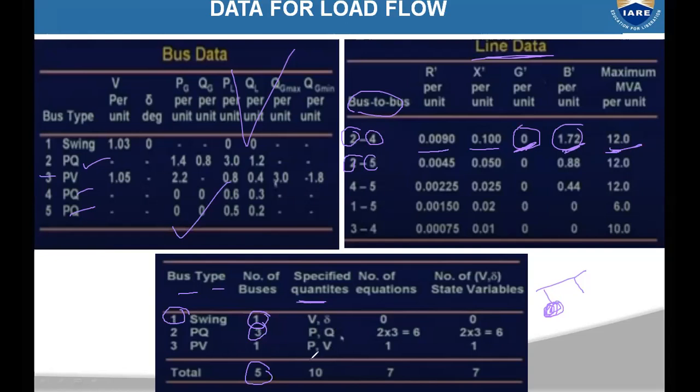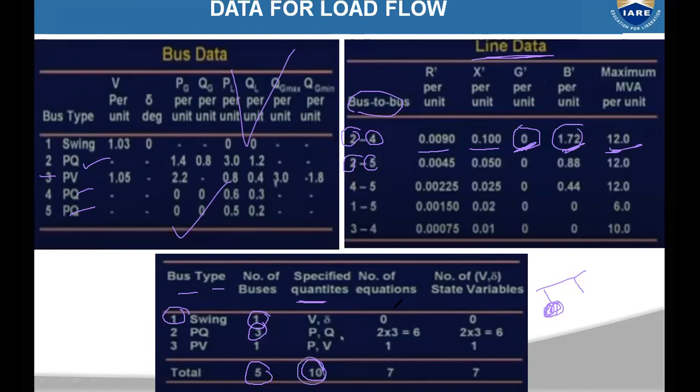So specified quantities are 10 in total. If you count, only one swing bus is there, so V and delta, these are 2 parameters. There are 2 for each PQ bus, so since there are 3, 3 into 2 is 6. 6 plus 2 is 8, and for the PV bus another 2. Total 10 quantities are specified here, right?